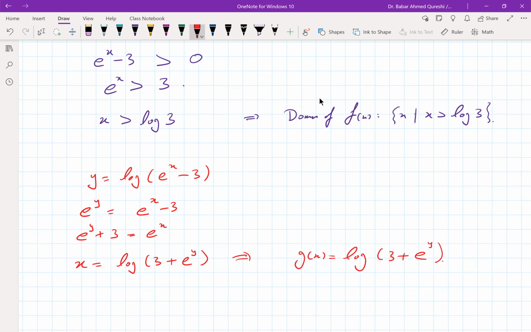And here you can see that the domain of f has now become the range of f, because e^y will have value minimum 0. So g of x will start from log of 3.